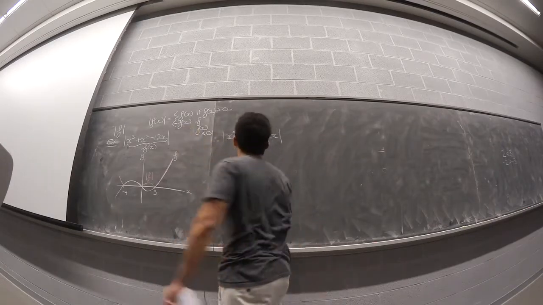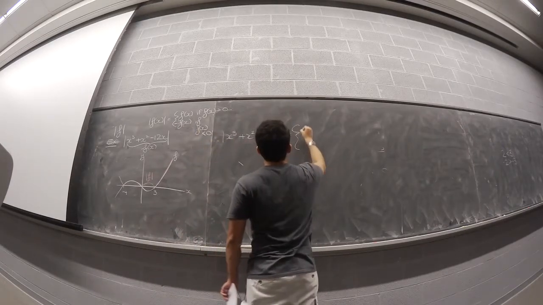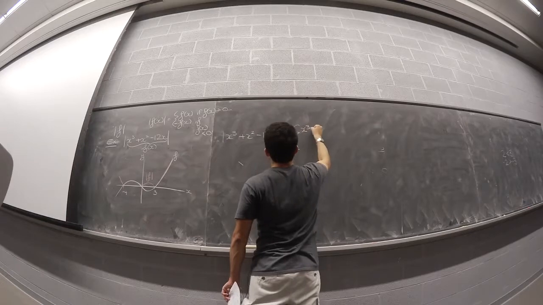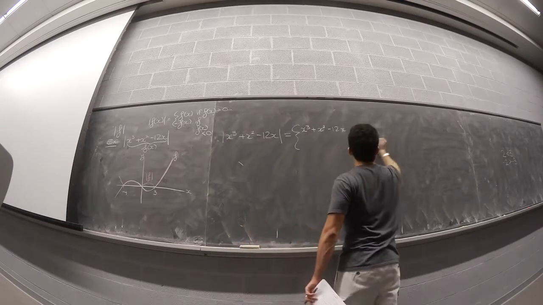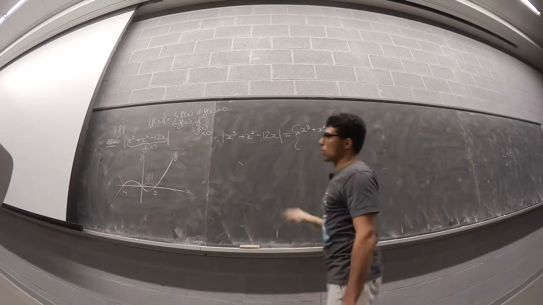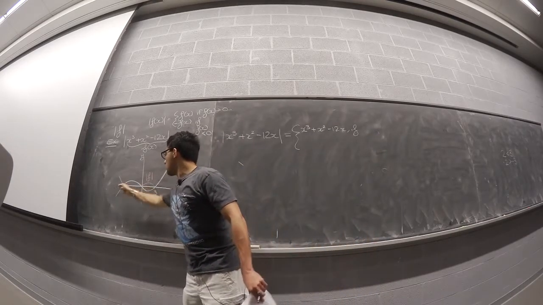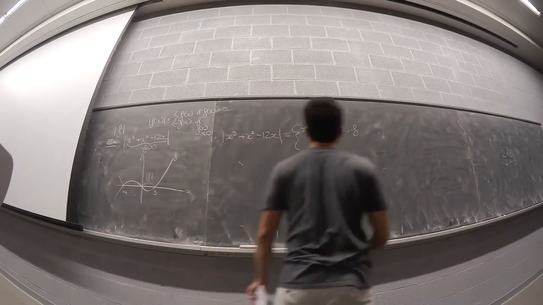Essentially this. This guy's absolute value is just itself if we're where? Between -4 and 0.